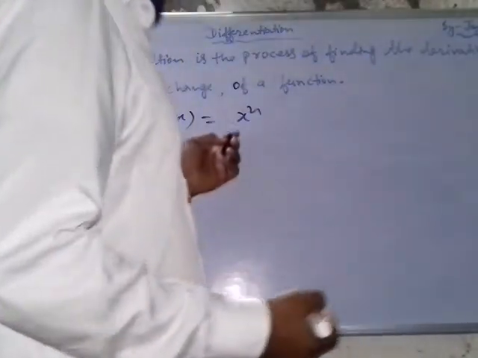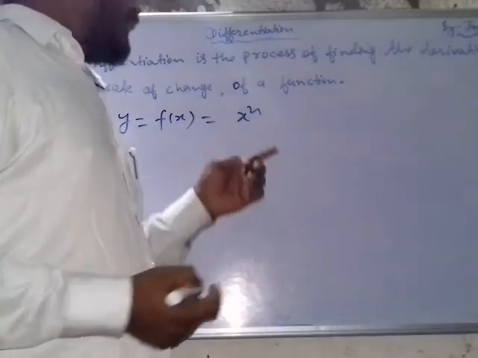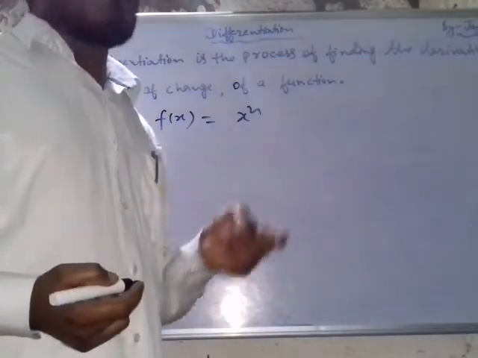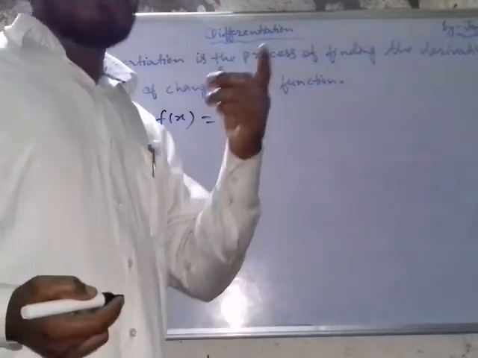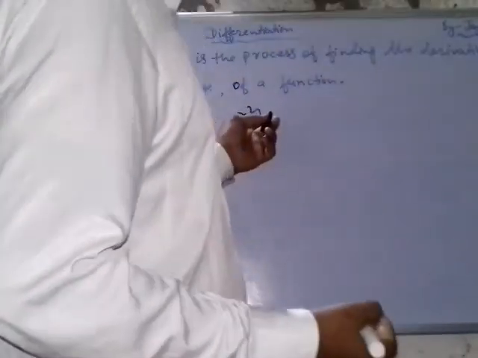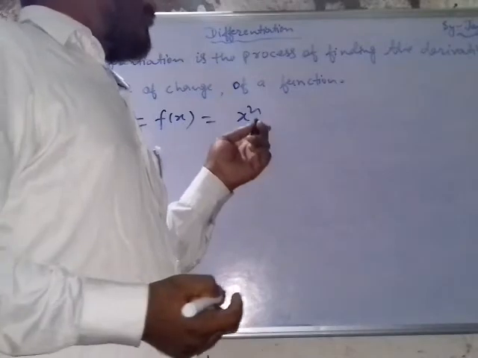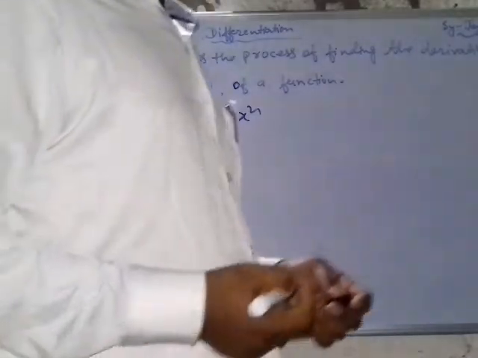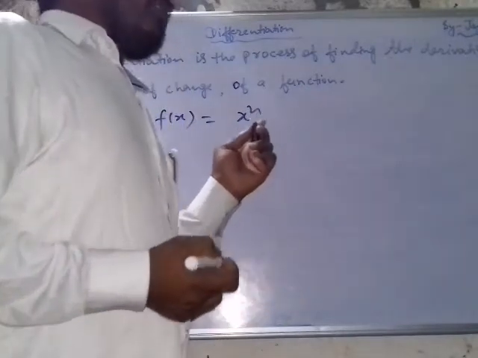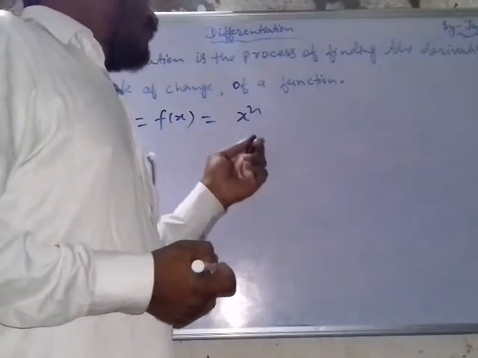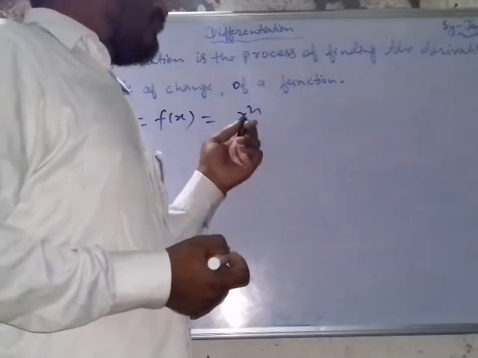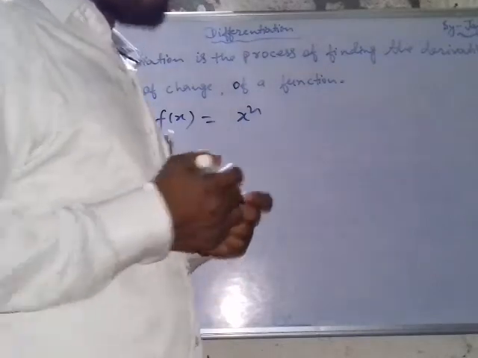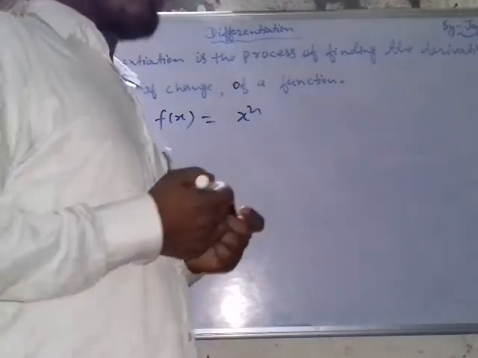Here n may be a whole number, a natural number, or an integer, negative, positive, or 0.